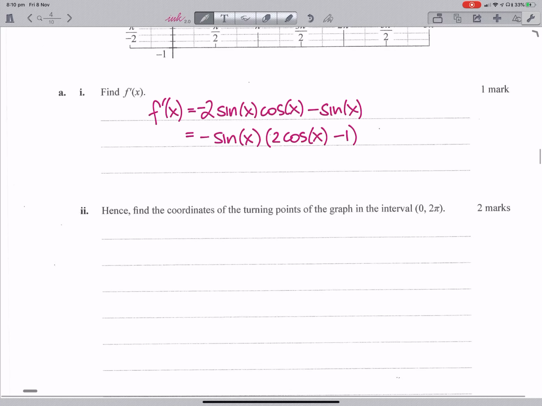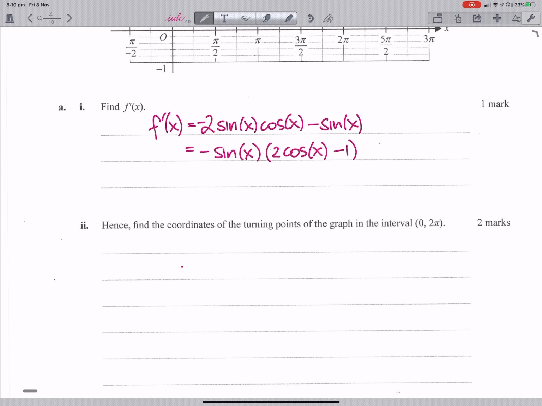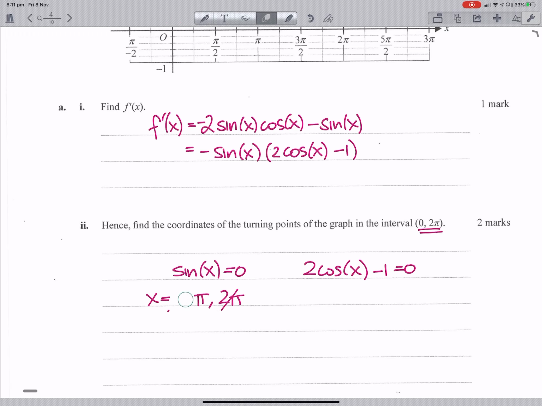Find the coordinates of the turning points of the graph. Sine x equals 0, 2 cos x minus 1 is 0. x equals 0, pi, 2 pi, domain, we can scrap those, so x equals pi.